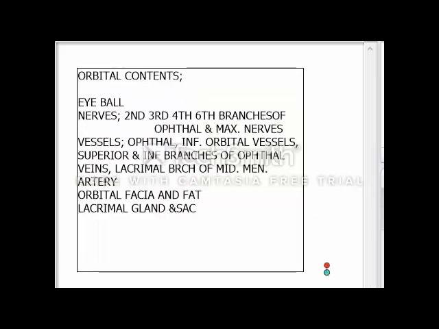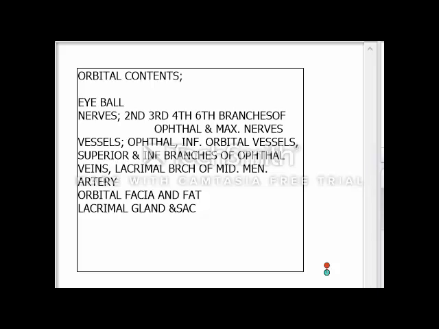Now, what are the orbital contents? Inside the orbit, you have the eyeball. We have the cranial nerves. That includes the second cranial nerve, which is the optic nerve, and the third cranial nerve, which is the oculomotor nerve. We have the fourth cranial nerve, which is the trochlear nerve, and the sixth cranial nerve, which is the abducens nerve. And we have branches of the ophthalmic and maxillary nerves.